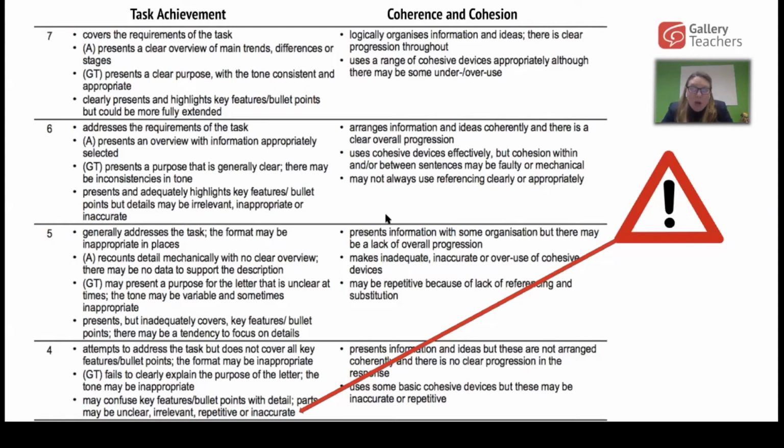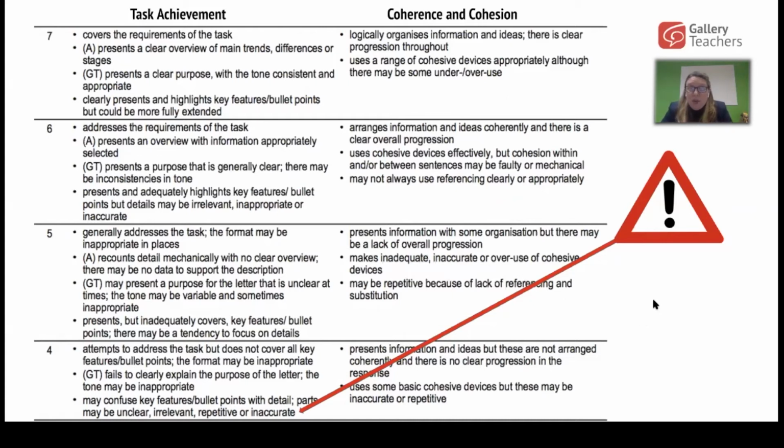So it is possible with band 6, you can see that some of the details may be irrelevant, inappropriate, or inaccurate, but we're talking here about something much less serious than substituting United Kingdom for London, okay? We would be talking about something like a slightly faulty statistic that they may have taken from the data.